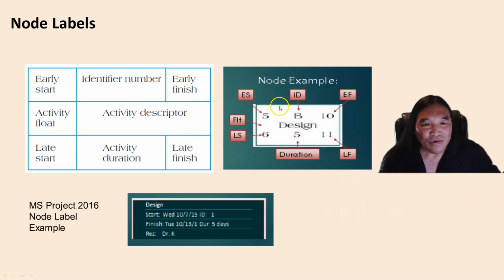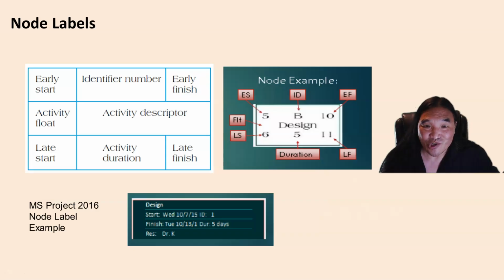Now you'll get so used to seeing this that you say, I gotta memorize this, but actually when you see it a lot, it's not too hard to remember. So this is the early start, this is the late start, so this means we could start as early as day 5 or as late as day 6. And here's the earliest finish, and here's the latest finish, and this is the duration, which is 5.